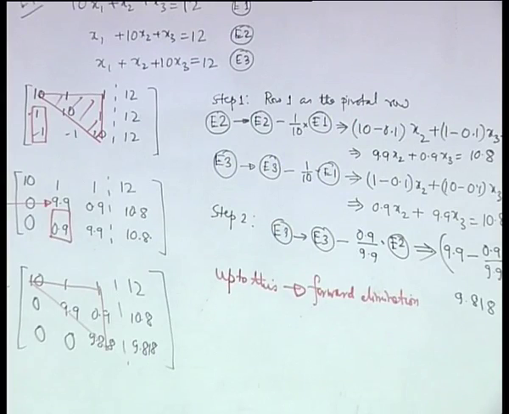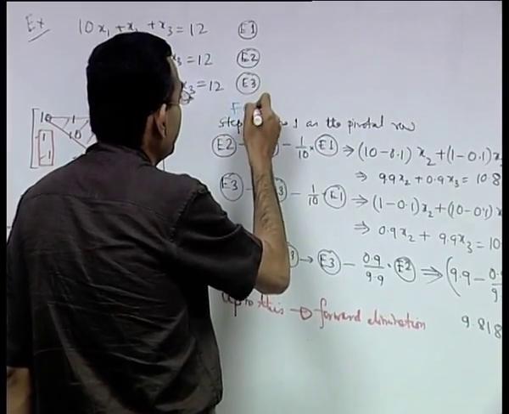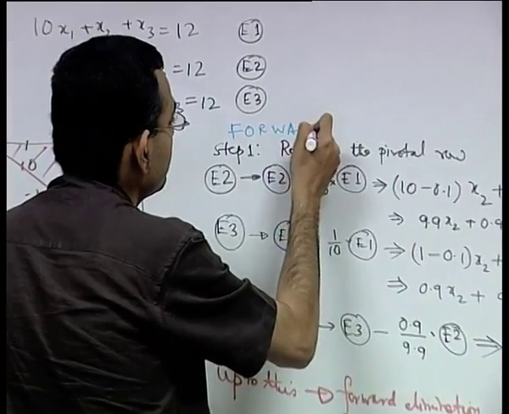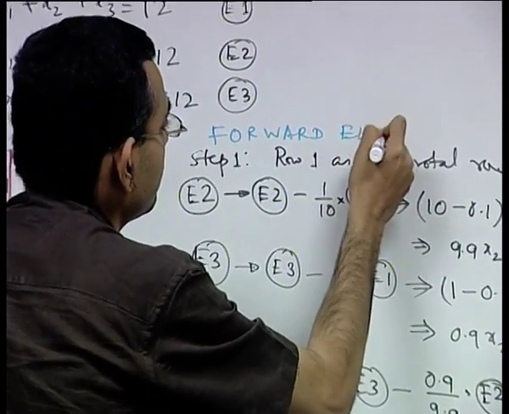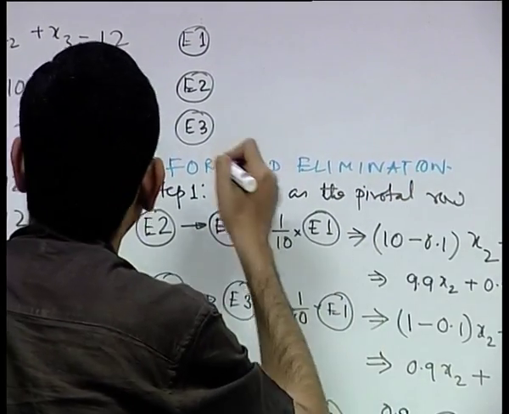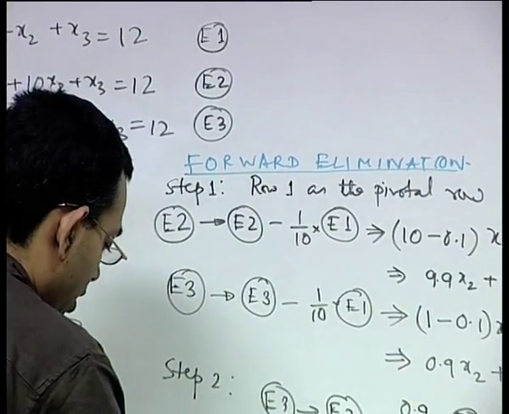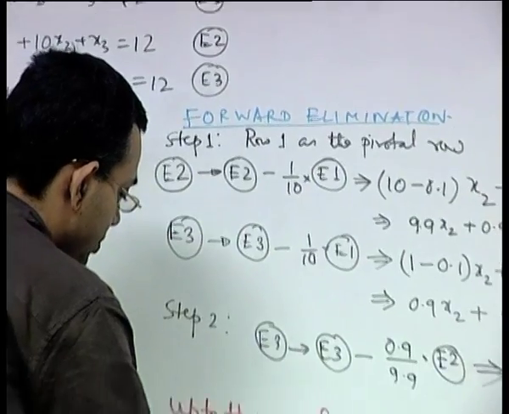Next will be backward substitution. So, these steps 1 and 2 we can say that these belong to forward elimination. And next will be backward substitution.